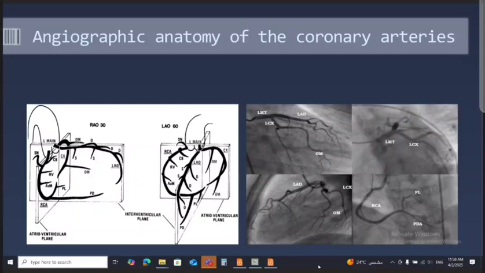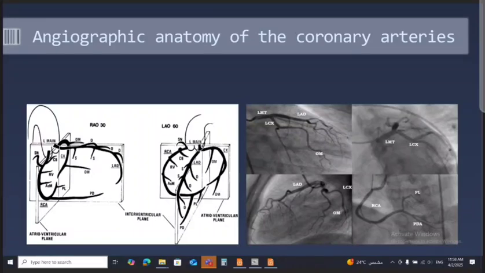The CT has lower spatial resolution than the catheter, the conventional angiography. Do you remember the numbers? The spatial resolution of the CT is around 0.5 millimeter, and this number is related to the width of detectors.